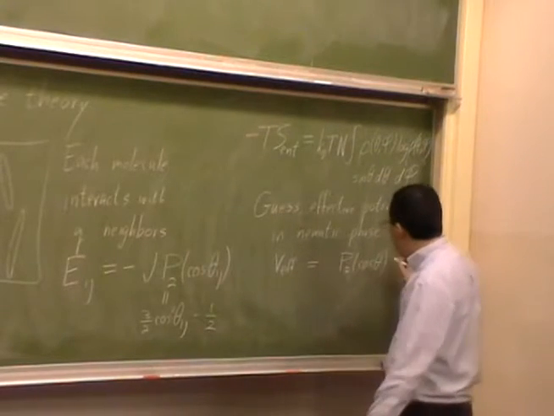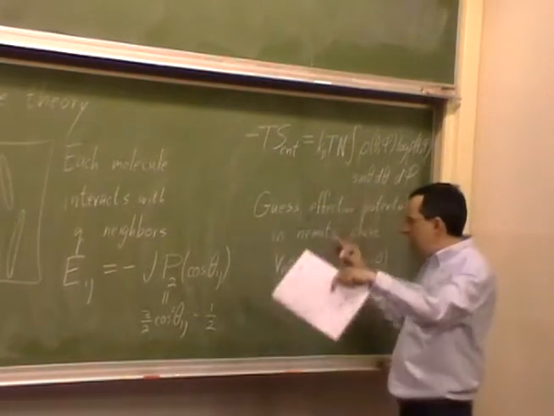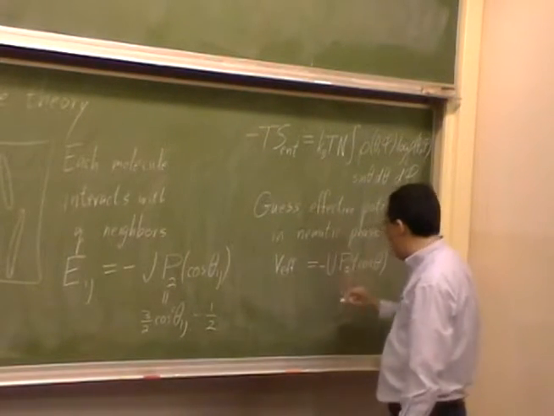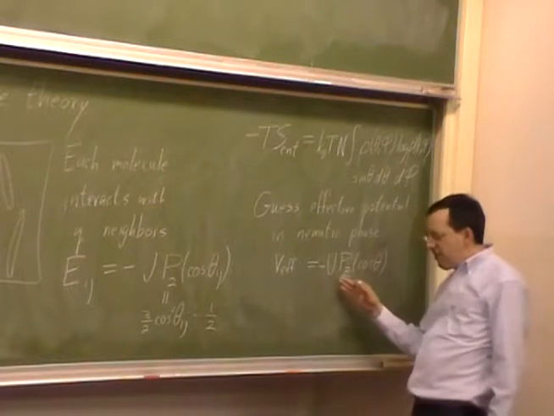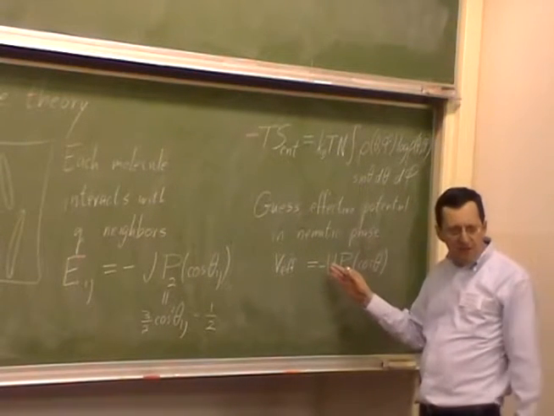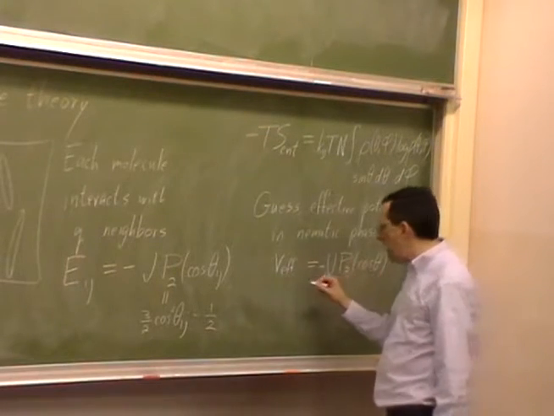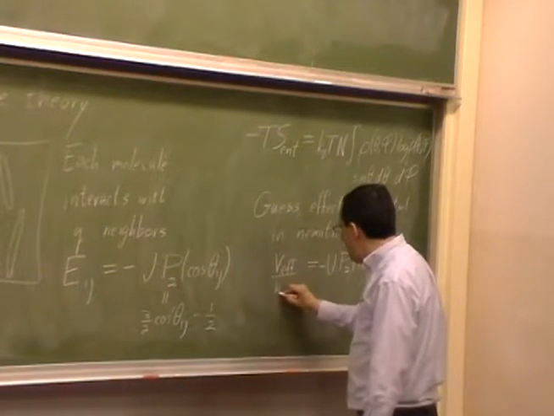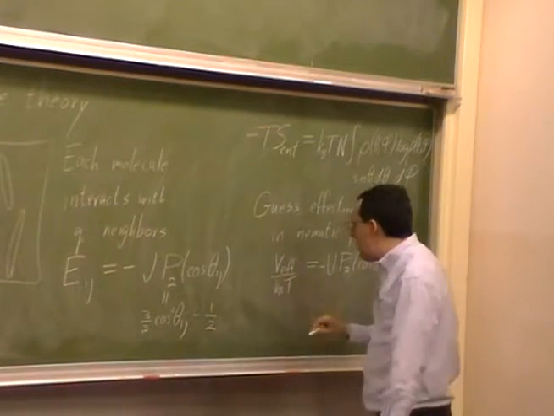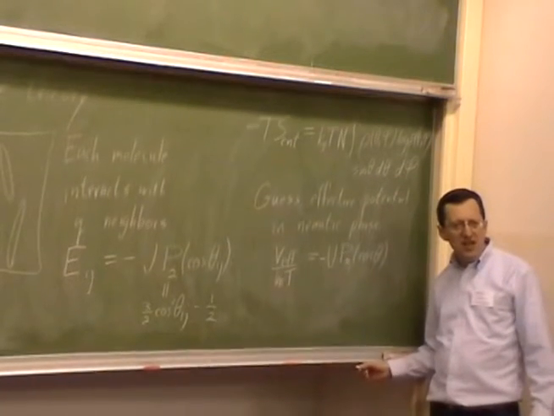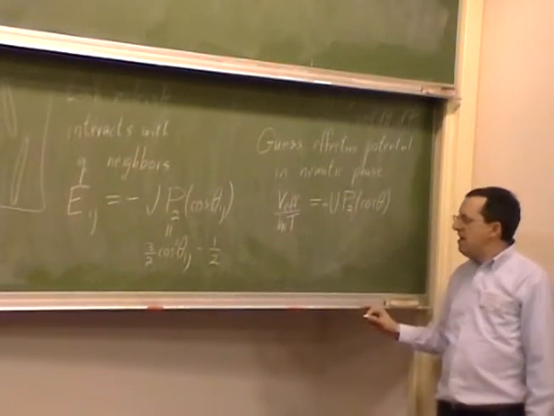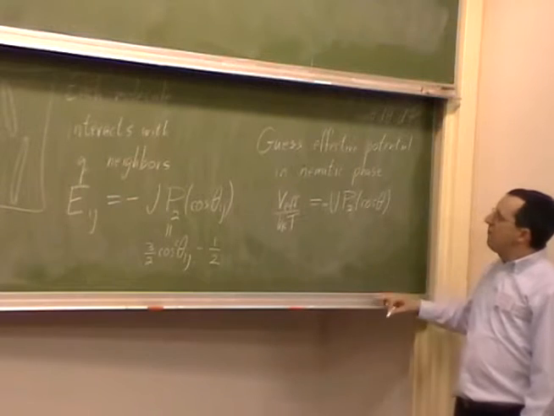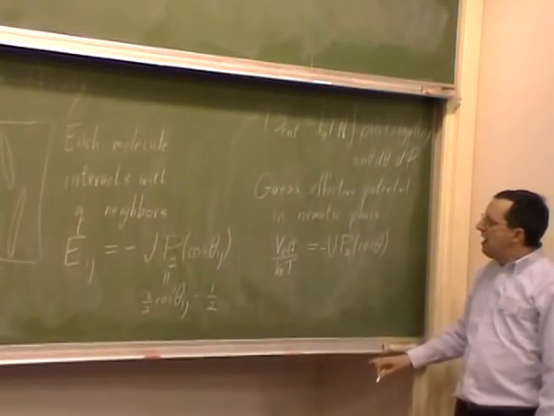That favors alignment of theta, let's say in the plus or minus z direction. And I'll put on a coefficient for the strength of this effective potential. I'll call it U, and let's make U dimensionless, so I'll normalize everything by kT. Okay, this is my guess for an effective potential.